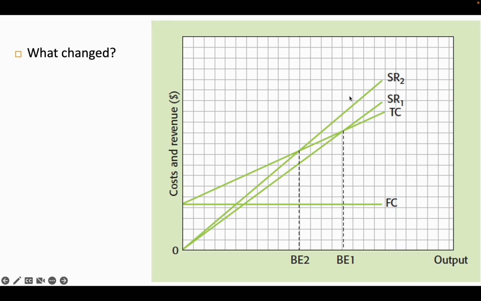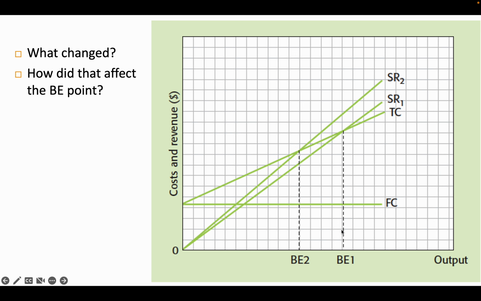So what do you think could be the reason for the revenue increase suddenly? Could it be higher demand for the product? Could it be perhaps an even higher price for the product? Maybe both.